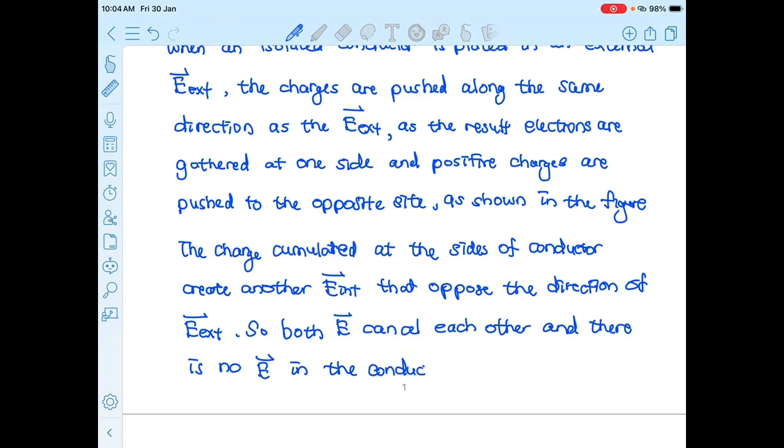This statement tells you why there is no electric field inside the conductor.